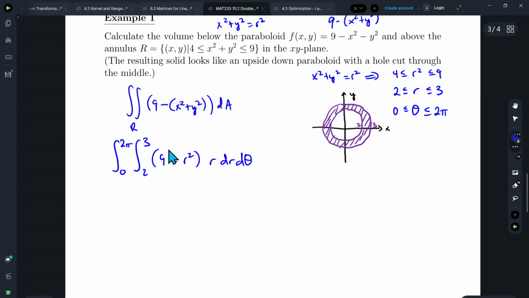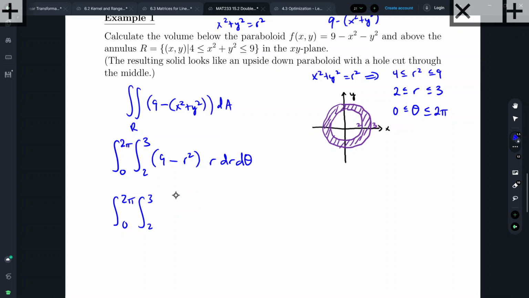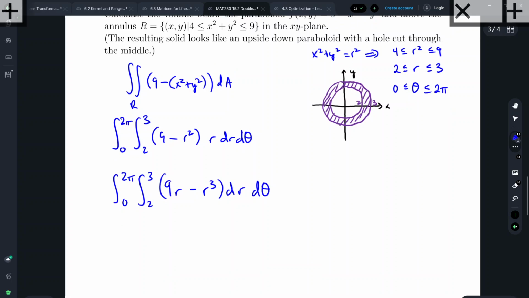Okay, so we want to calculate this integral. First let's just distribute this r. So we have the integral from 2 to 3 of, distributing the r, 9r minus r cubed dr d theta. This is just a polynomial in r.